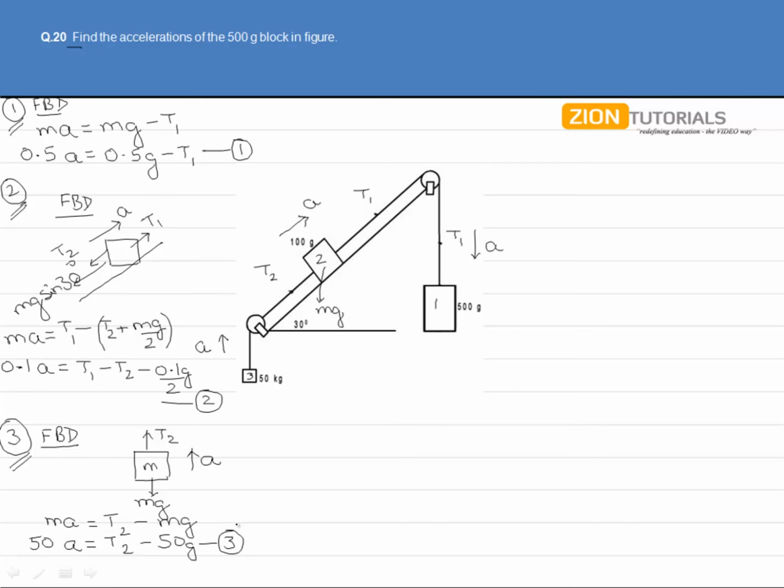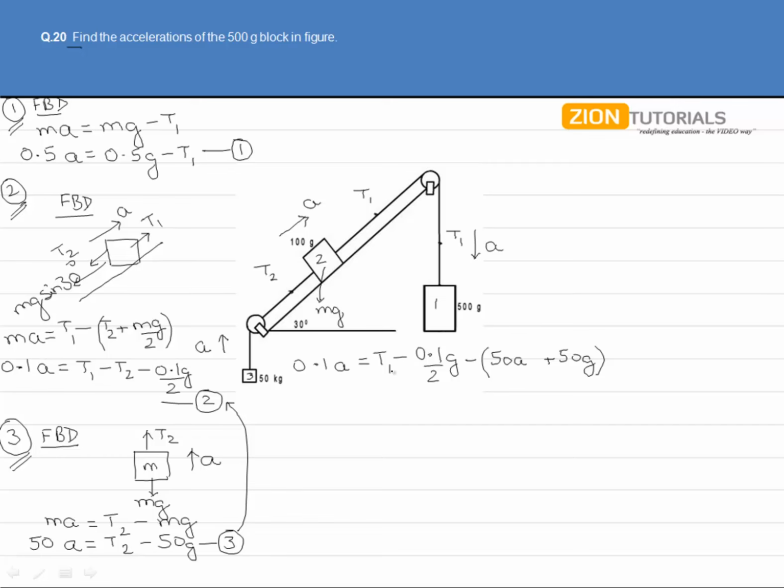Putting the value of T2 from equation number 3 into equation number 2, we can write it as 0.1a equals T1 minus 0.1g by 2 minus T2, which is 50a plus 50g.